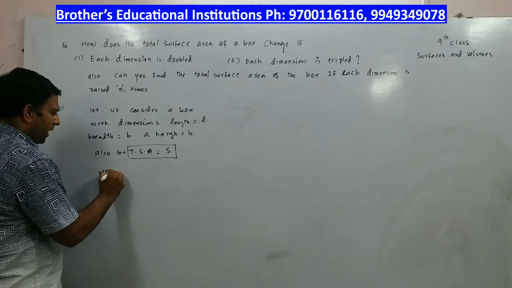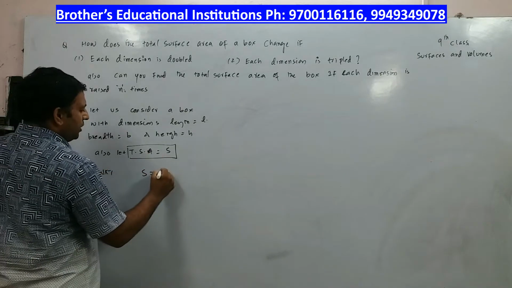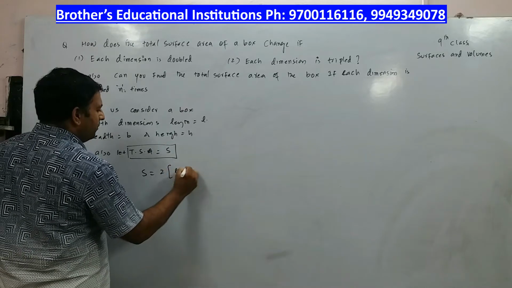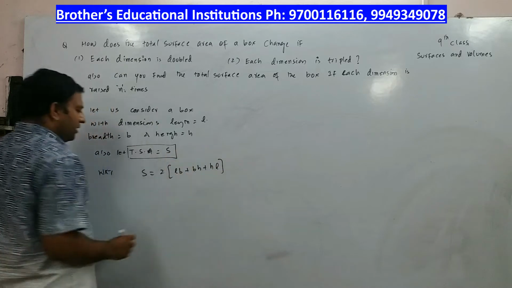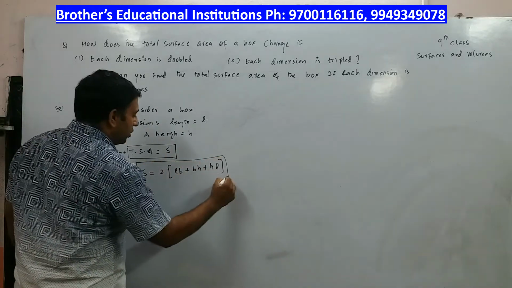We know that total surface area S is equal to 2 into (LB plus BH plus HL). Now, this is the original total surface area.